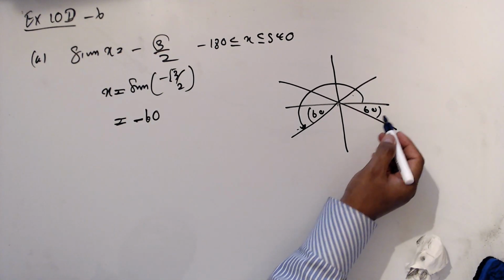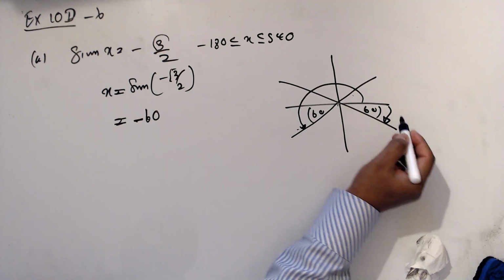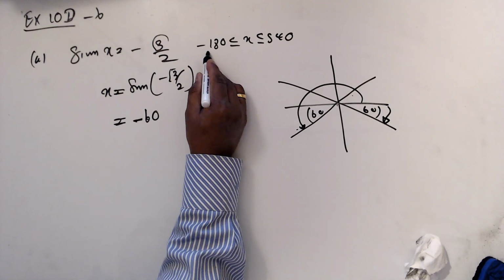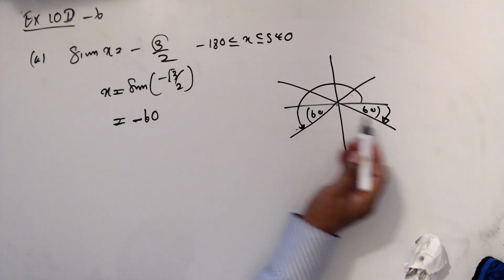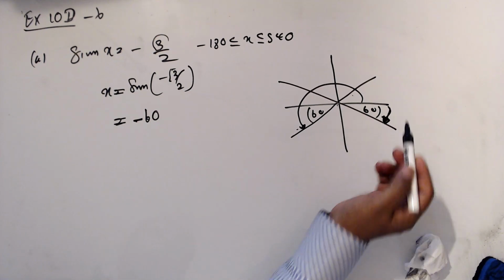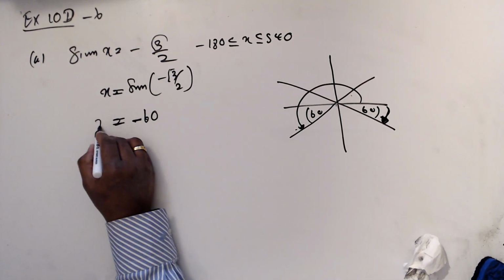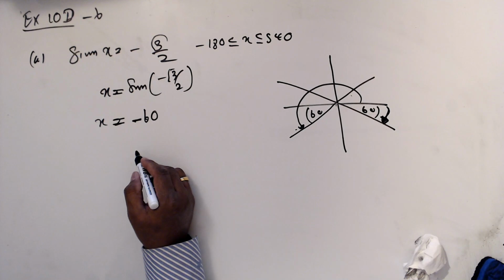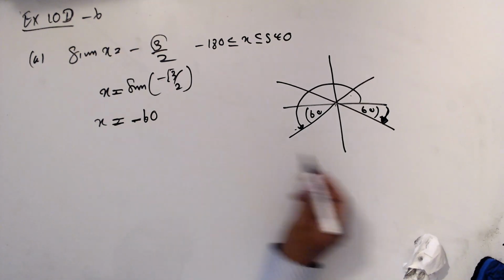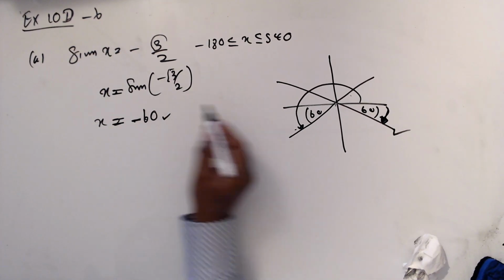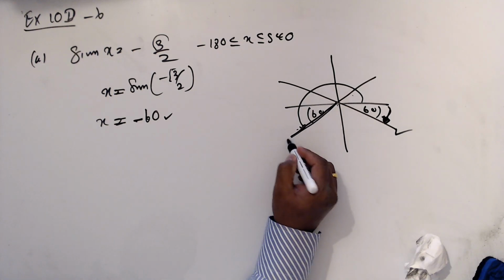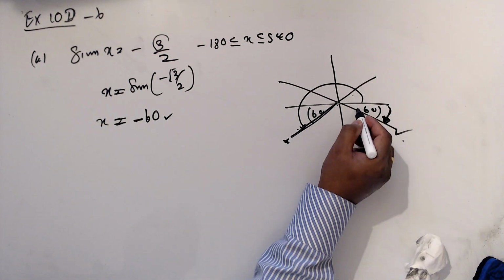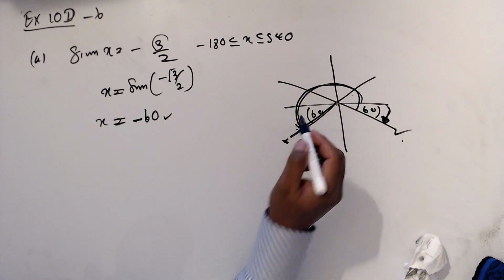Minus 60 is also fine because minus 180. So if you take the other way, that is minus 60, also fine. So we count already this one. Now the next hypotenuse is remaining, so we'll take positively this one.